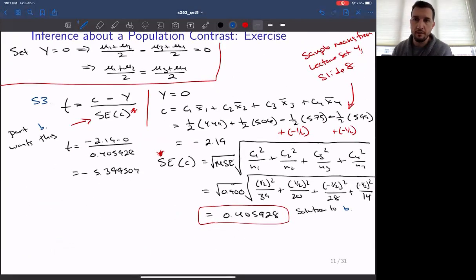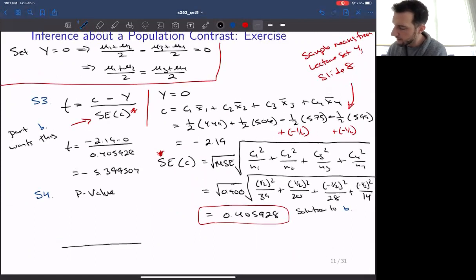We either can run the p-value approach or we can run the critical value approach. So on step 4 here, just for illustrative purposes, I'm just going to run through the p-value approach, but you can verify the result using the critical value. If we take the p-value approach, we have our t-curve centered at 0.